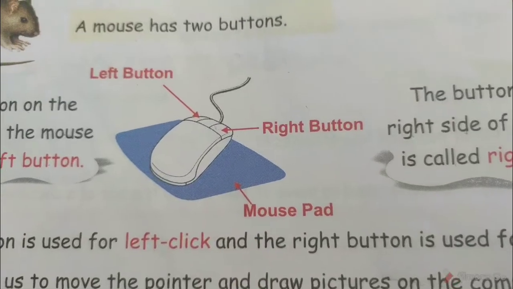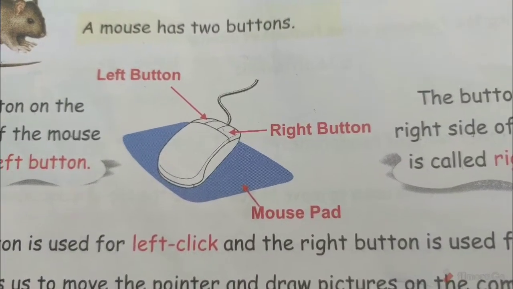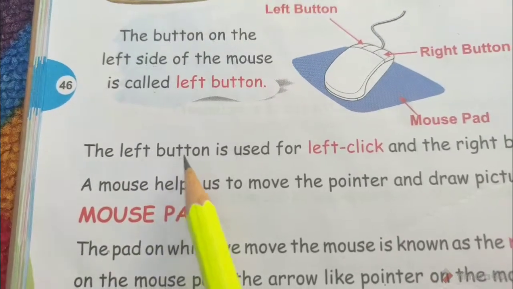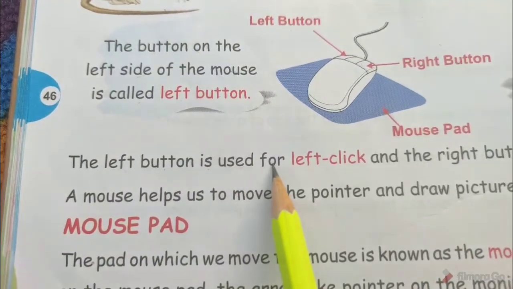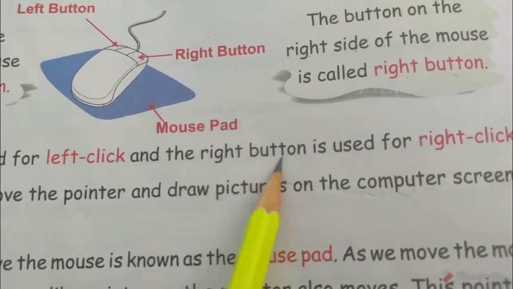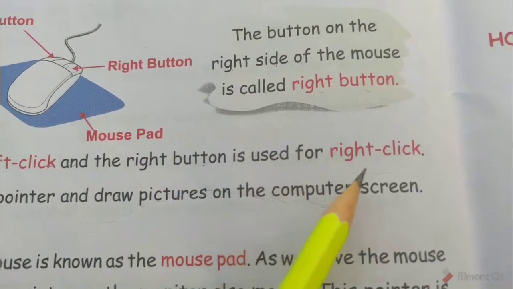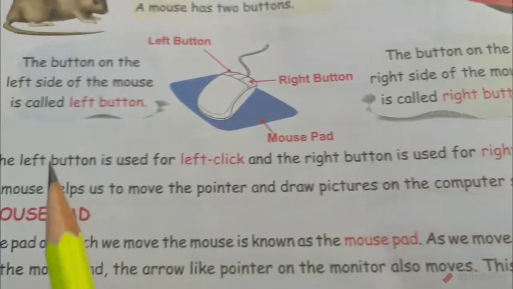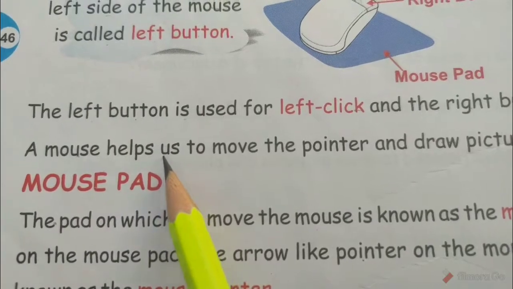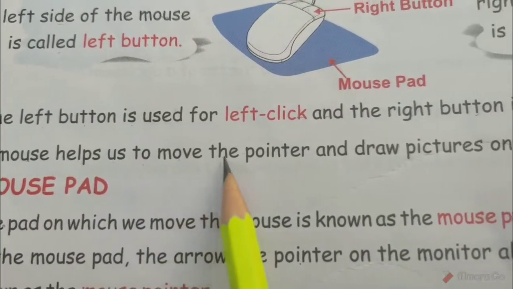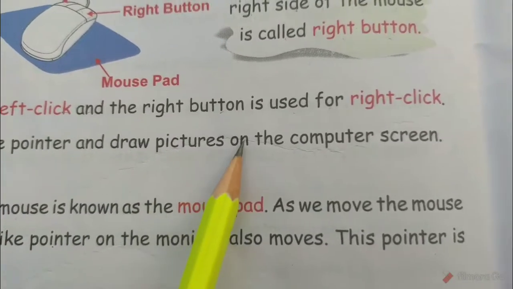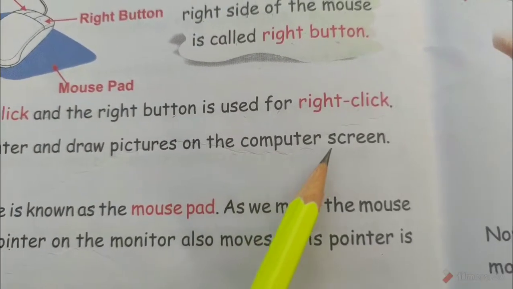The mouse is kept on the mouse pad. The left button is used for left click and the right button is used for right click. A mouse helps us to move the pointer and draw pictures on the computer screen.